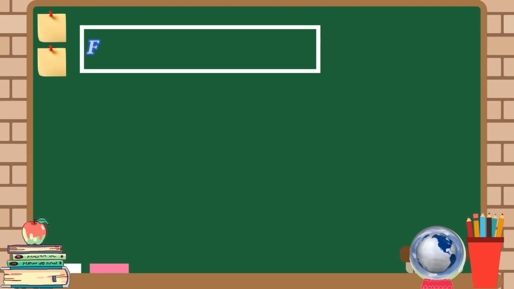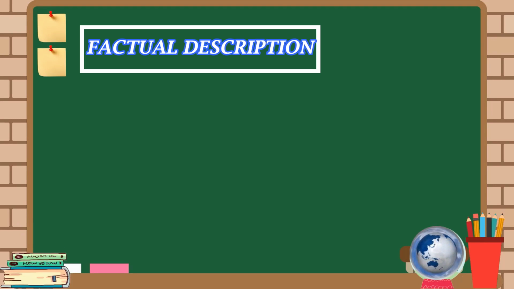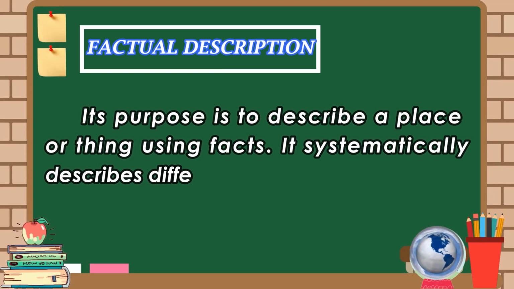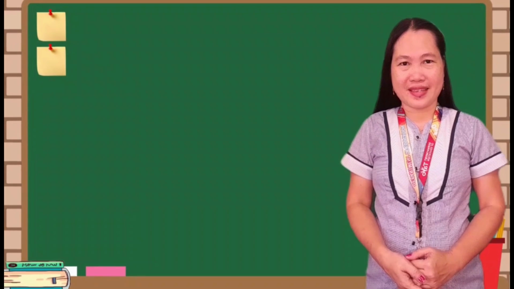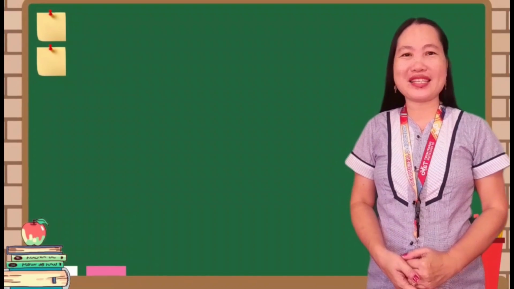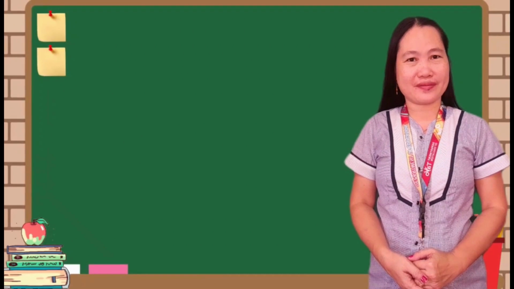What are the types of informational or factual text? First, we have factual description. Its purpose is to describe a place or thing using facts. It systematically describes different aspects of the subject. The features of factual description are the following.